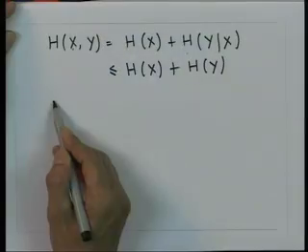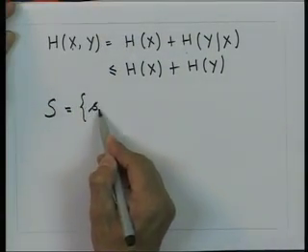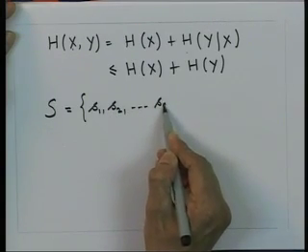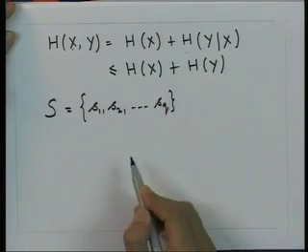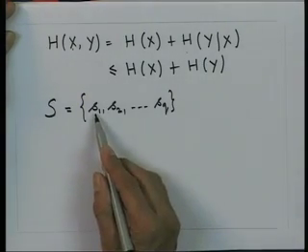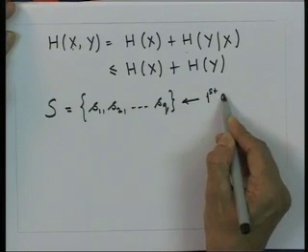The first order Markov source will have its source alphabet, let me assume as S1, S2 up to SQ. The size of the alphabet of this source is Q.